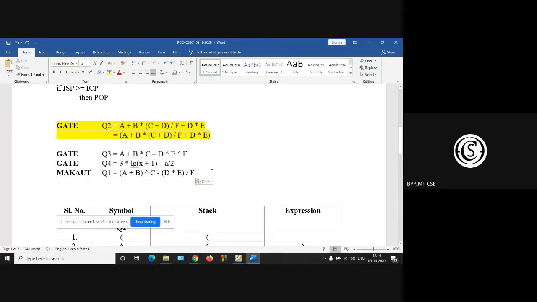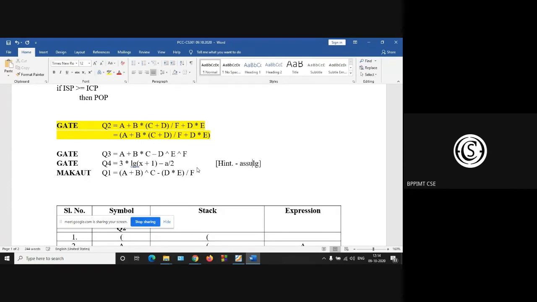Now log is used here. Log is used not as a function. Log has the highest precedence. Just a hint: log here is LG.